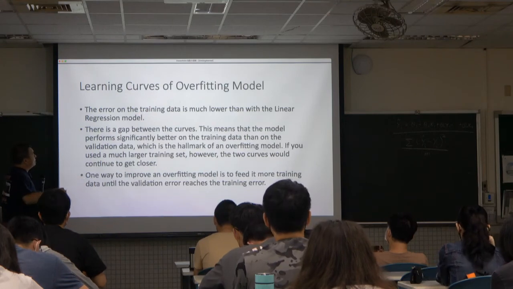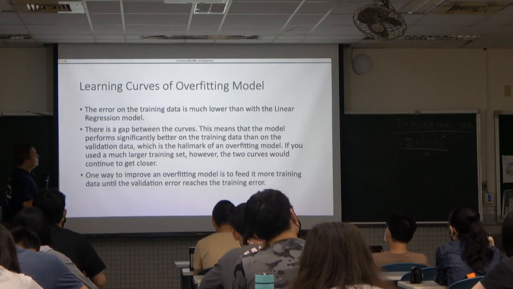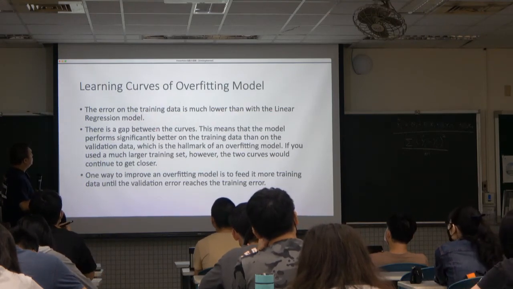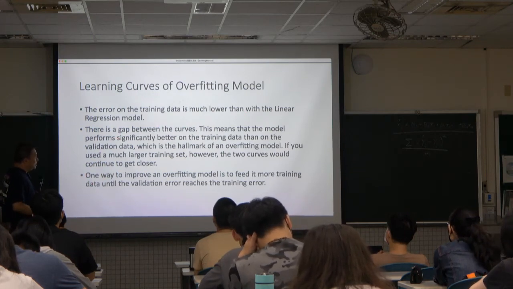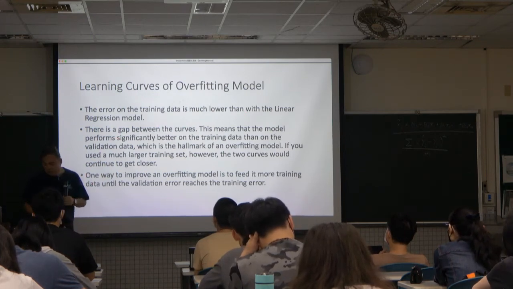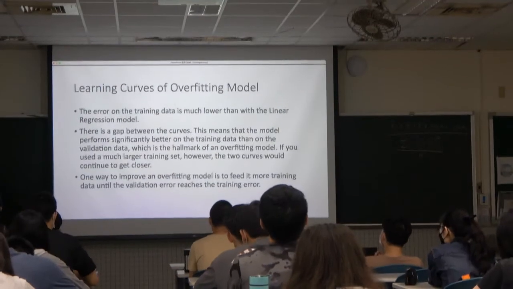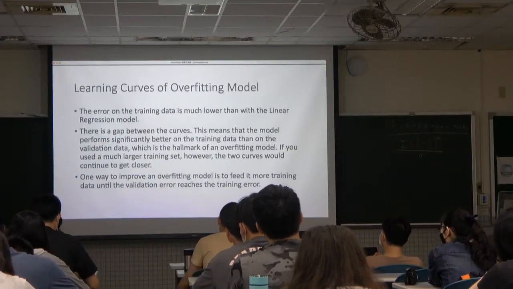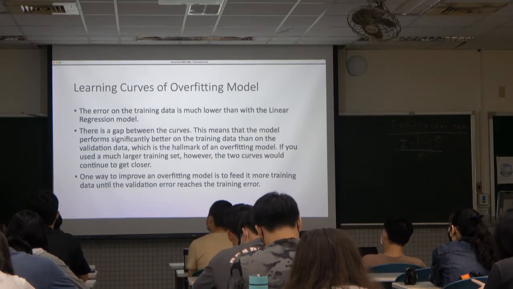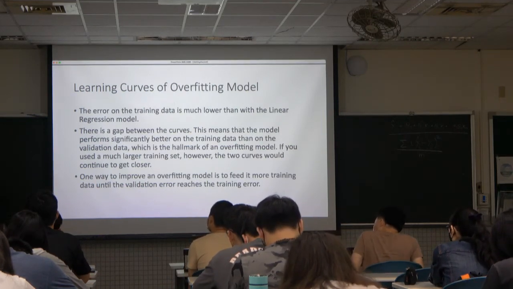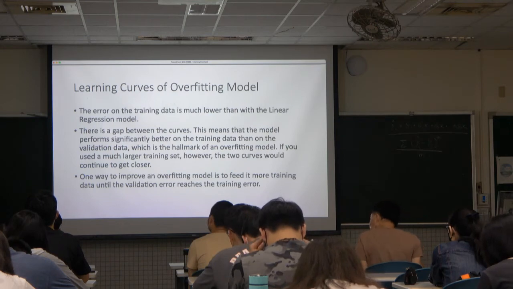The error on the training set is much lower than with a linear regression model, and so on. I think I've covered all this. So you can use the learning curve to determine overfitting and underfitting. When the model is underfitting, the error doesn't go down, or the accuracy doesn't go up enough.